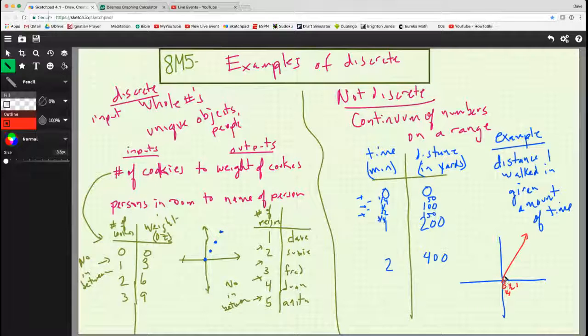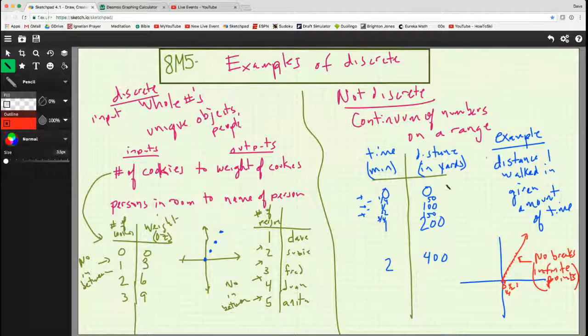I'd have something for every little point. There would be no breaks. It would be infinite points. And that's really what it's about. It's infinite for any given stretch of the function.